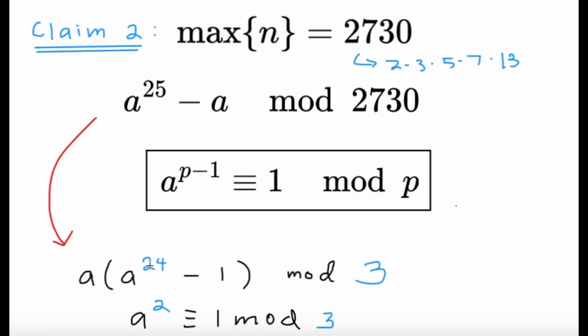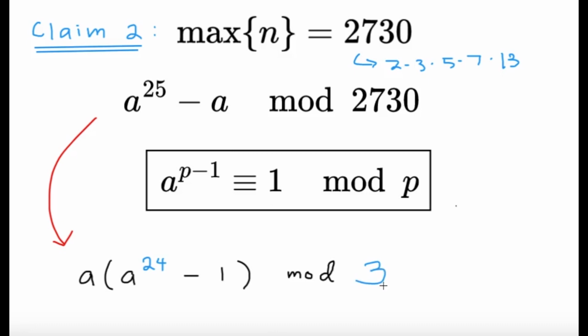Now, A raised to 24, that's just A squared raised to 12. So A raised to 24 is just 1 modulo 3. We're just going to effectively get 1 minus 1 here. So whether A is a multiple of 3 or not, the answer is 0. So we can conclude that A raised to 25 minus A under mod 3 is equal to 0.